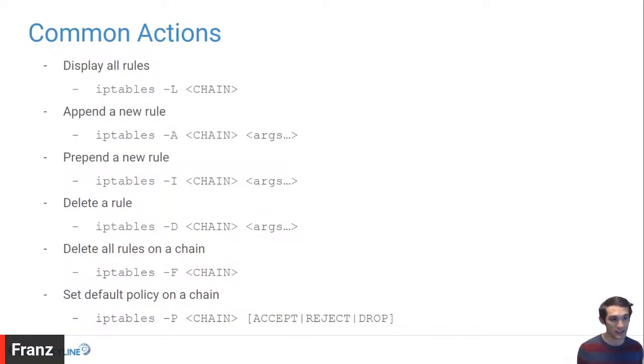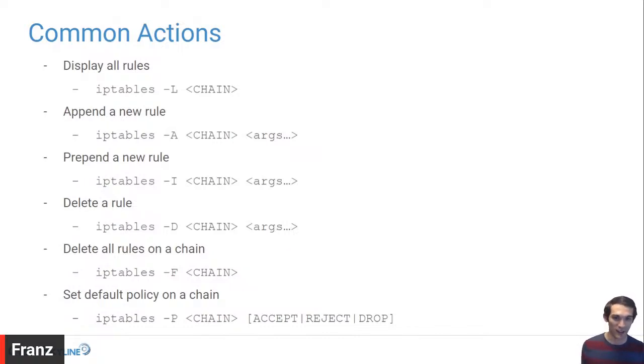The next one is to delete all rules on a chain. That's iptables -F. Be very, very careful with this one in particular. So this will delete all of your rules, but some of those rules might be required for your system to work. So if you have a default policy, which is reject all connections, and you have a rule there that says, hey, accept all of my SSH connections so I can remotely admin my machine.